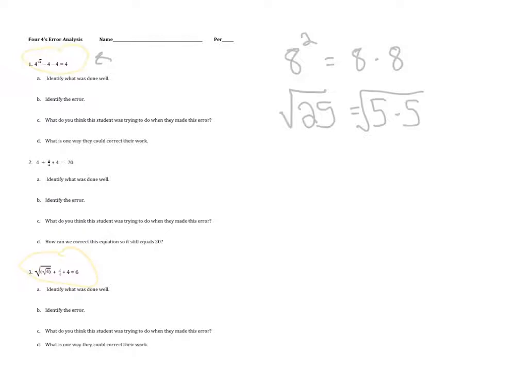And this square root is just undoing a square. So this is the same thing as saying it is just 5, because 5 squared is 5 times 5, which is 25. So this square root undoes a square. They are opposites.